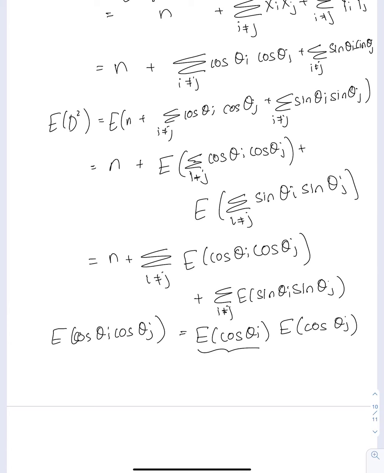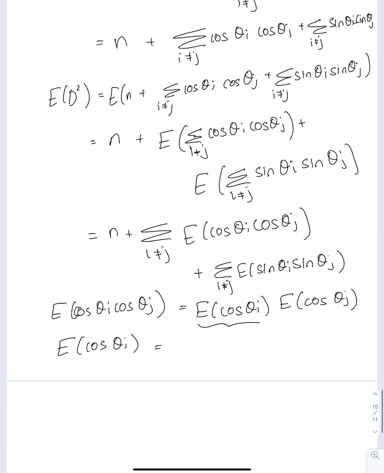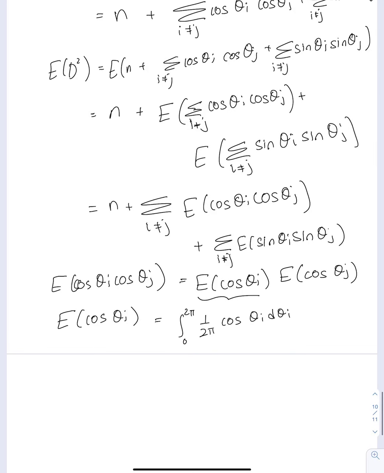So we just need to calculate each one of these. What is the expectation of cosine theta i? Theta i is uniform from 0 to 2 pi, so let's put in the density 1 over 2 pi, and cosine theta i d theta i. Maybe we shouldn't use that letter; let's use t.